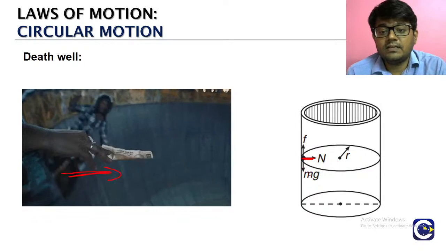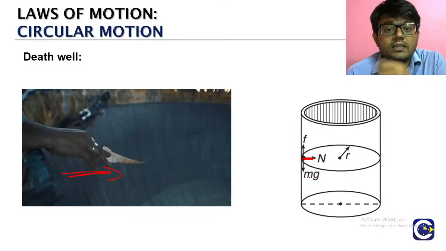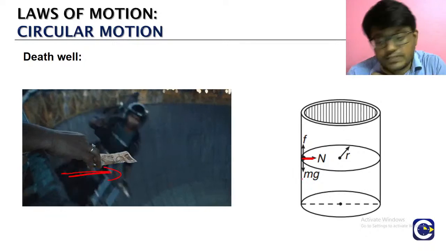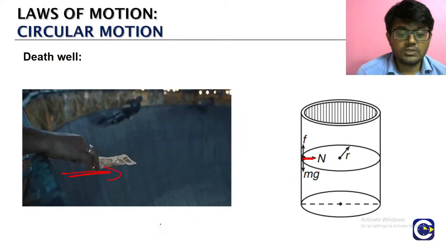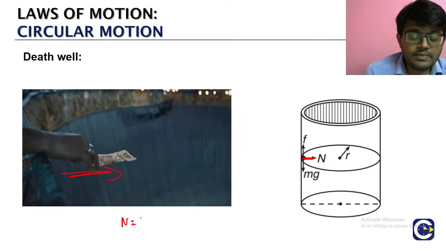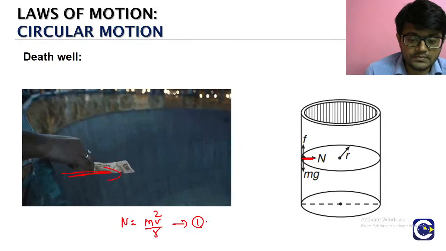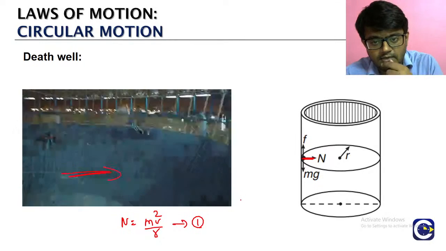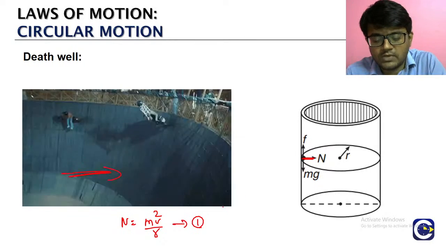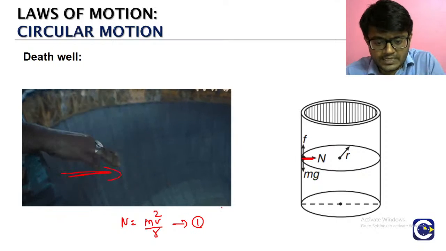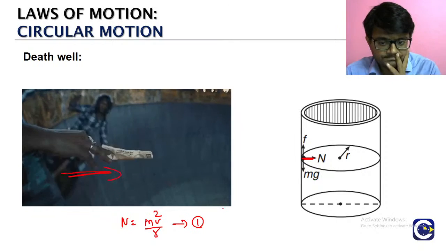Normal reaction is the one that will provide the centripetal force requirement. Okay, so the normal reaction will be equal to what? mv square by r. Normal reaction is going to provide the centripetal acceleration, which means normal reaction will be equal to the centripetal force requirement, which is mv square by r.